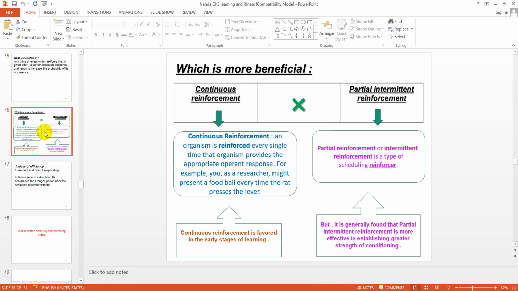And we differentiated between continuous reinforcement and partial reinforcement. In continuous reinforcement, the organism is reinforced every single time. But partial or intermittent reinforcement is a type of scheduling reinforcer. And as we said before, continuous reinforcement is favored in the early stages of learning, but generally, partial intermittent reinforcement is more effective in establishing conditioning.